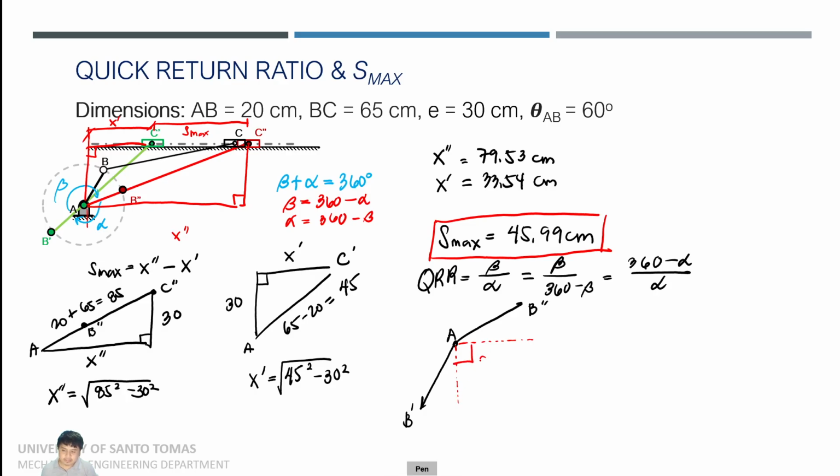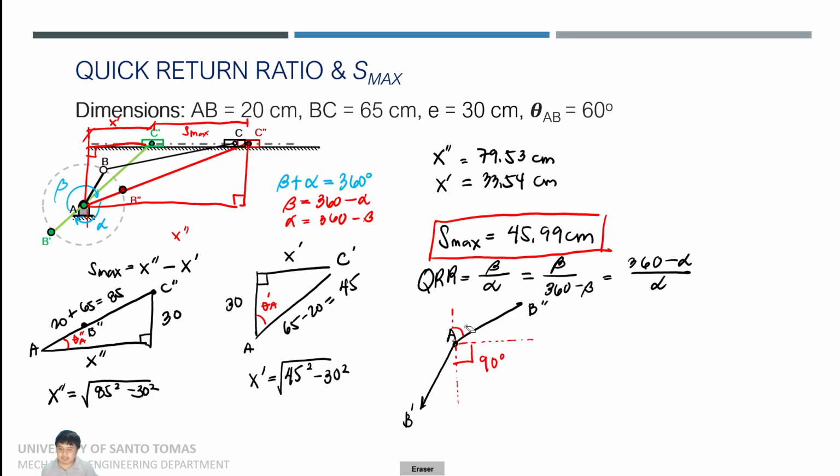I think we can also solve for their angles here. The angles can be determined for A double prime, and we can also say, since they are vertical angles, am I right?